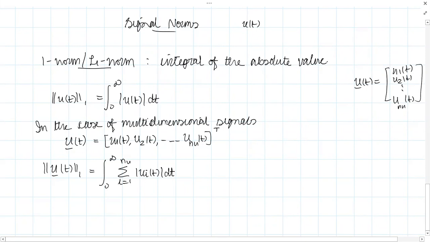So you take the absolute value of each component, sum it up and integrate it over the region 0 to infinity. Let us try one example.